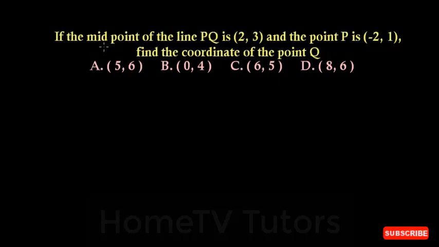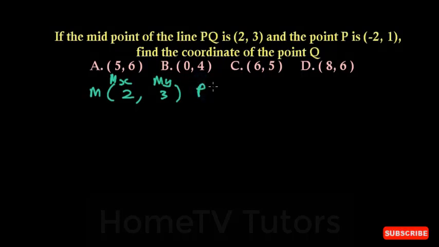If the midpoint of the line PQ has a coordinate of 2 and 3 and the point P has a coordinate of -2 and 1, find the coordinate of the point Q. The midpoint coordinate at X, that's mx, is 2, and my, the midpoint coordinate at Y, is 3.